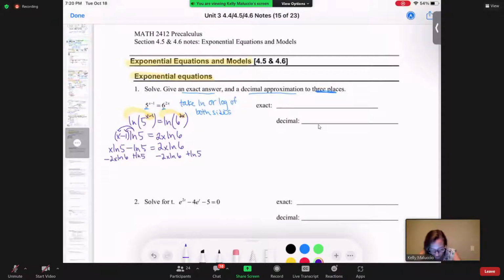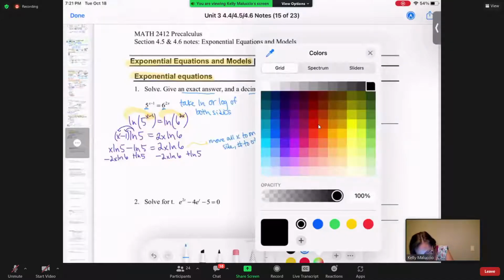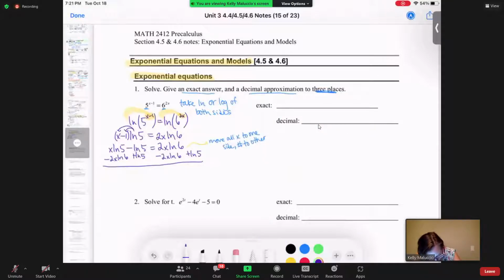Again, what I'm doing here is move all x to one side, number to the other side, right? That's what I'm doing there. And when I simplify it, I'm left with x ln 5, oh, not plus, minus, 2x ln 6 equals ln 5.